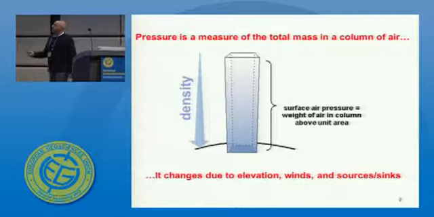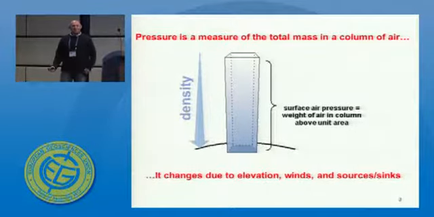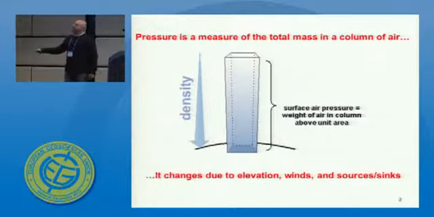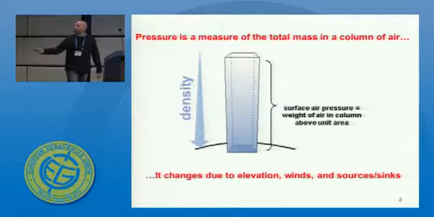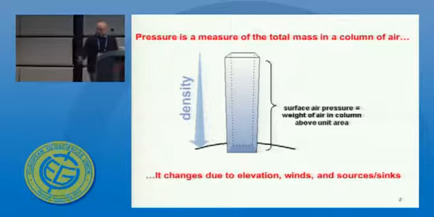This is a slide from Bob, but I think everybody knows what pressure is. Just in case, it's the weight of the air column over a unit area, and of course this pressure is going to change very much with elevation, with winds, with sources and sinks.